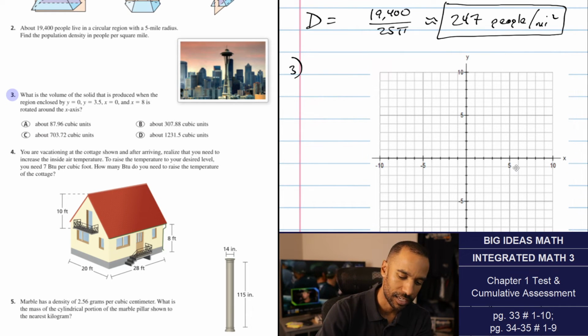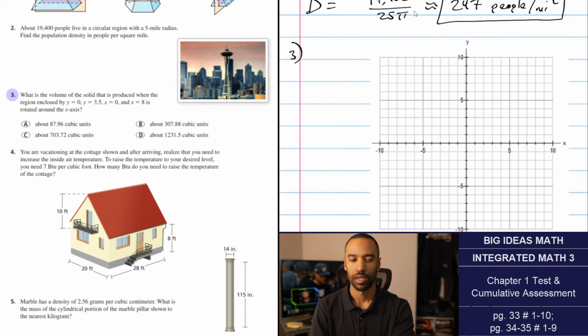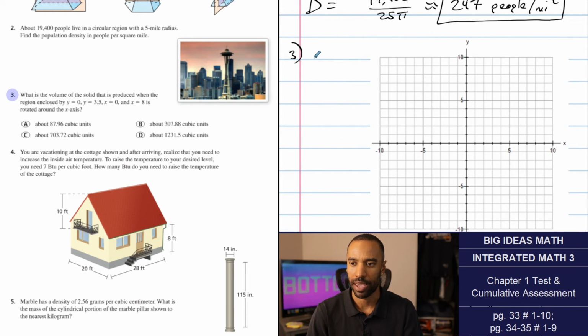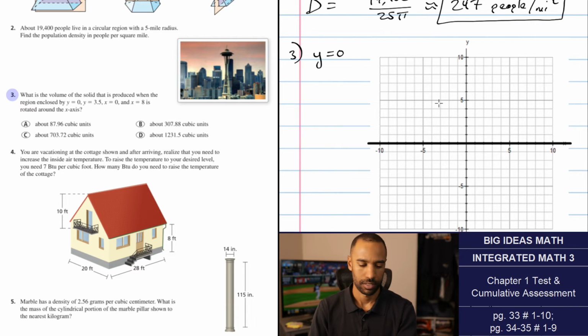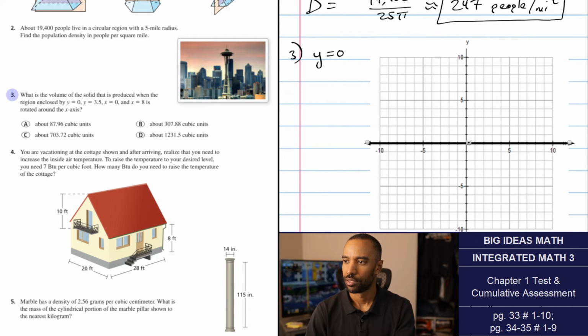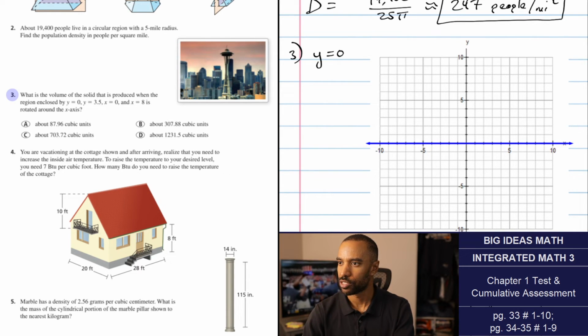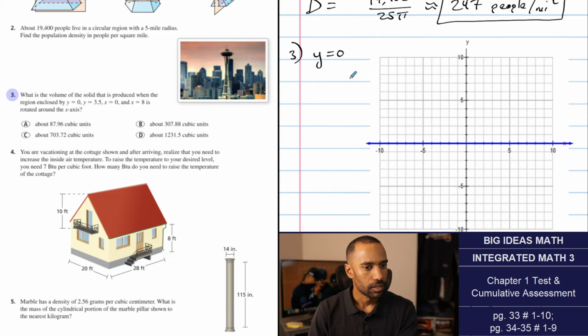So let's get those several equations. We have y equals 0. That's the x-axis. Okay. That's the x-axis. I need to get my arrow tool set up again. Blue. Okay. We have y equals 3.5.